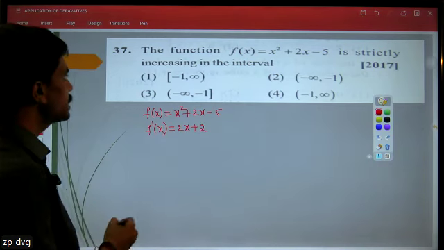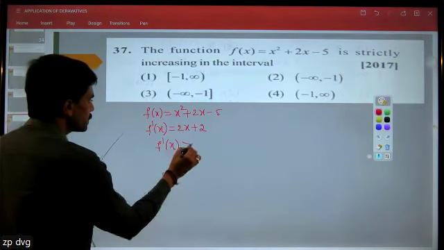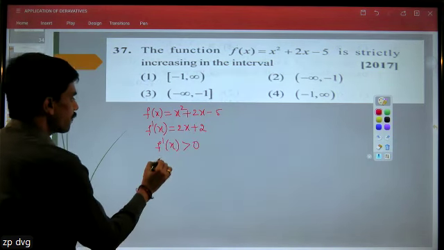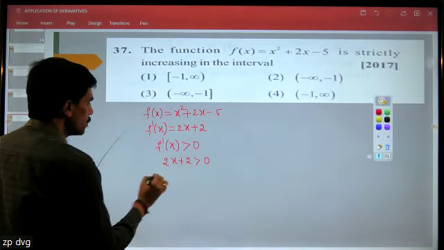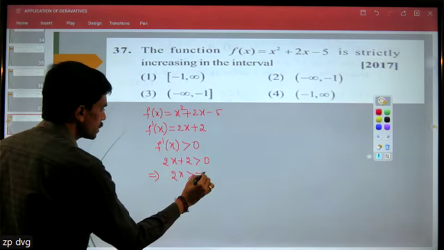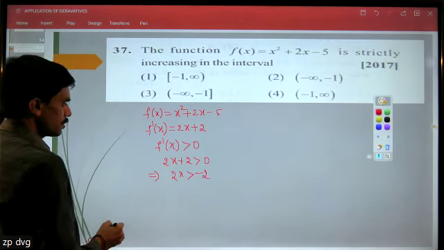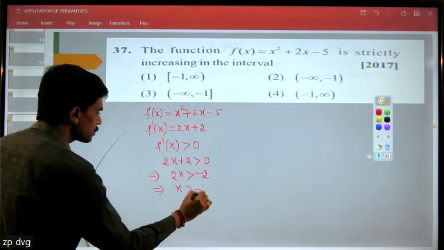For strictly increasing, we have to take f dash of x greater than 0. So here f dash of x is 2x plus 2 greater than 0, which implies 2x is greater than minus 2. We divide both sides by 2, we get x greater than minus 1.